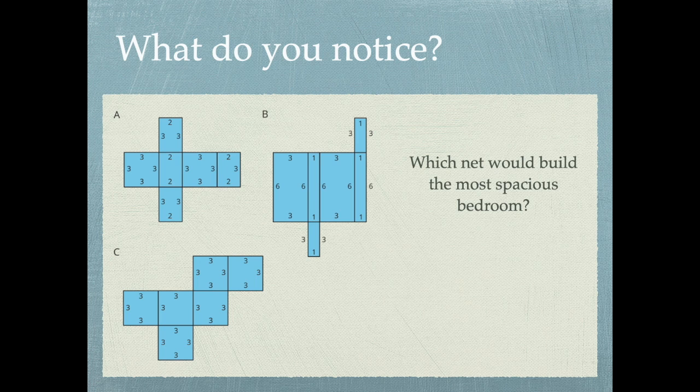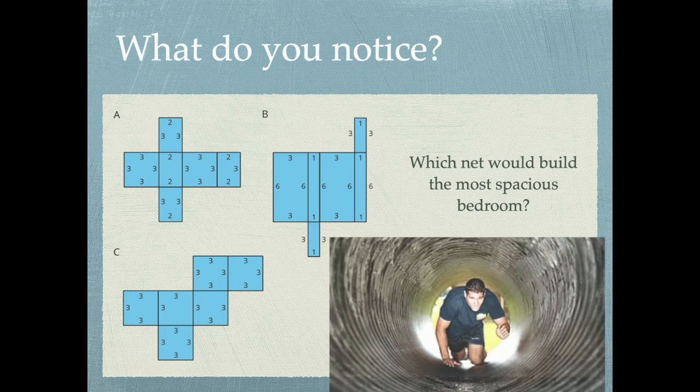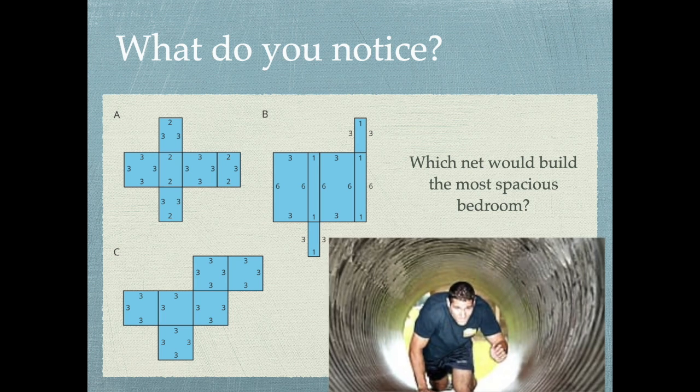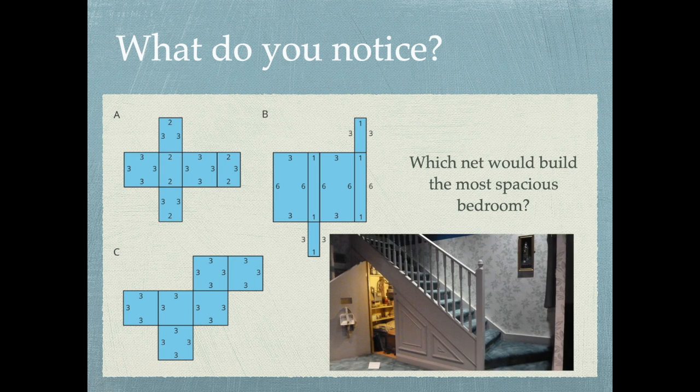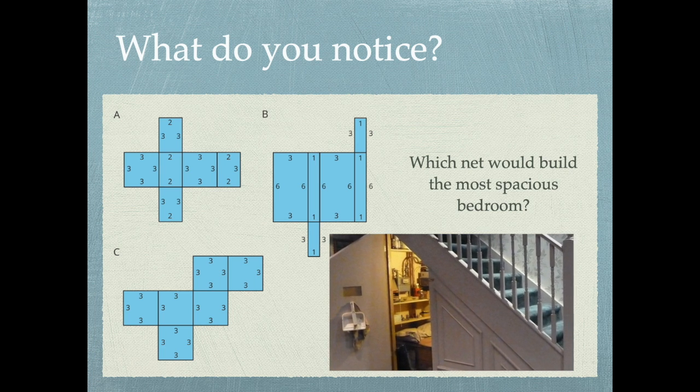If that's 6 feet long, I'm going to have to roll this over in my mind to see how tall the ceiling is. I think on B, the ceiling would be only 1 foot tall. I don't think I could even crawl in that room. Oh wait, but if I rotate it, maybe it's 6 feet tall and 3 feet wide. In which case I think B would be kind of skinny.